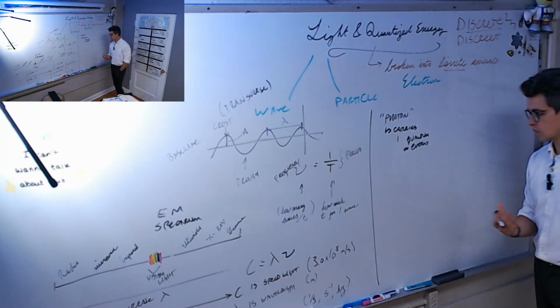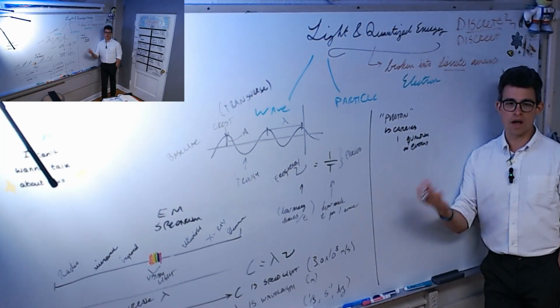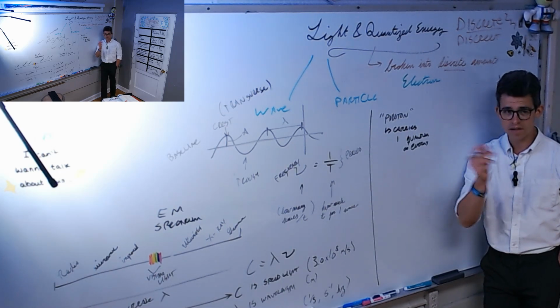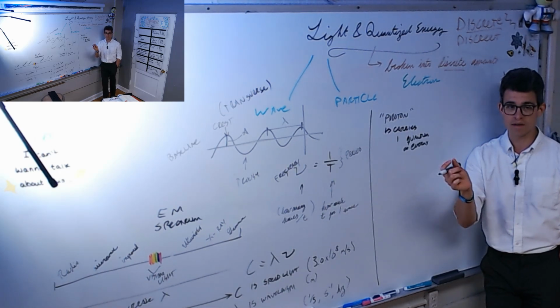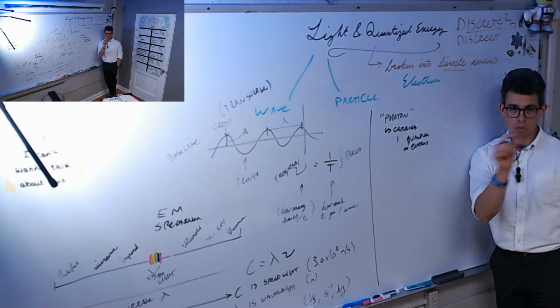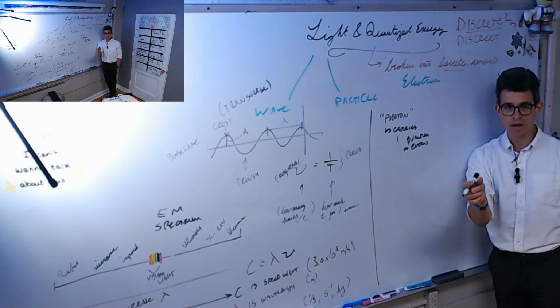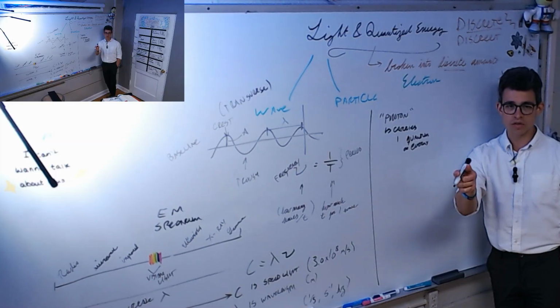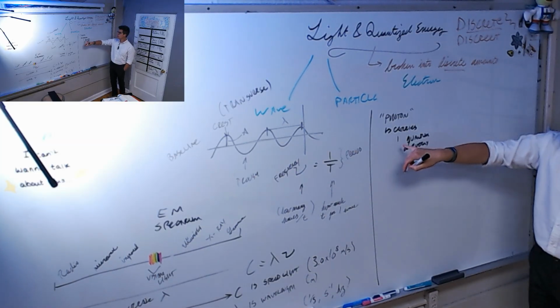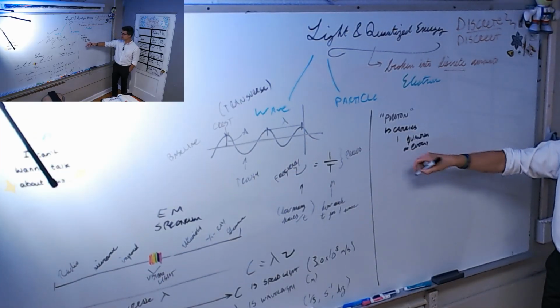A quantum comes from the Latin term for a counting stone. Like an abacus? Have you ever seen an abacus? So an abacus has a single thing that represents 1, and it can't be half of 1 or 2.5 or 2.33. It's 1 or 2. It's quantized.